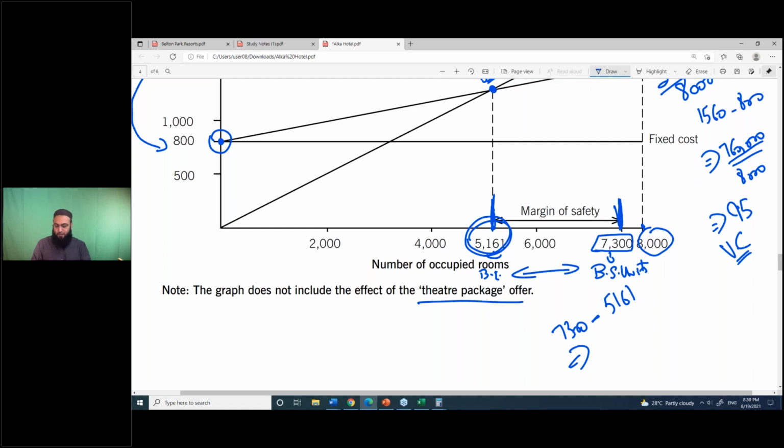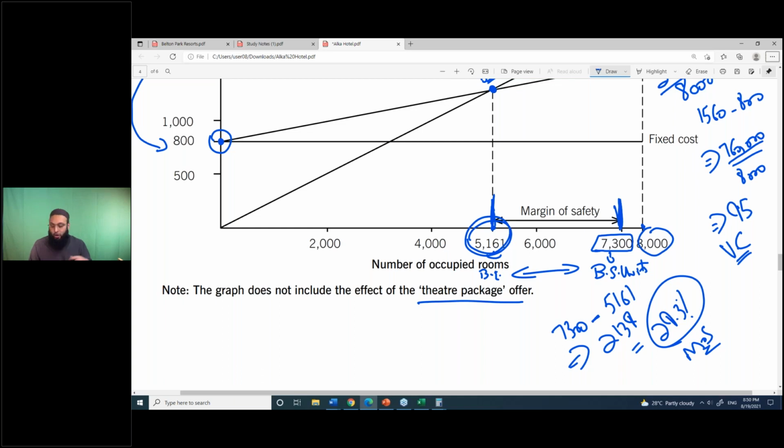7,300 minus 5,161. It's 2,139. And if I convert this into percentage, so the answer that I'm getting here is 29.3% is margin of safety. So guys, 29.3% is your MOS, margin of safety.